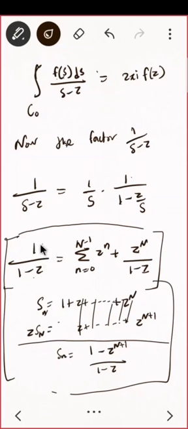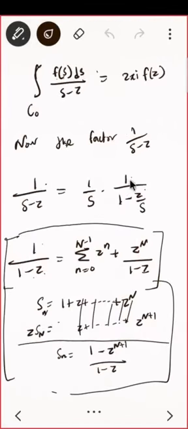So this is true. Can I write z by s at the place of z? Correct. So if you write z by s, then 1 upon s minus z can be written as 1 upon s, which I have already taken outside, into 1 upon 1 minus z by s, and I'll apply the geometric expansion here.